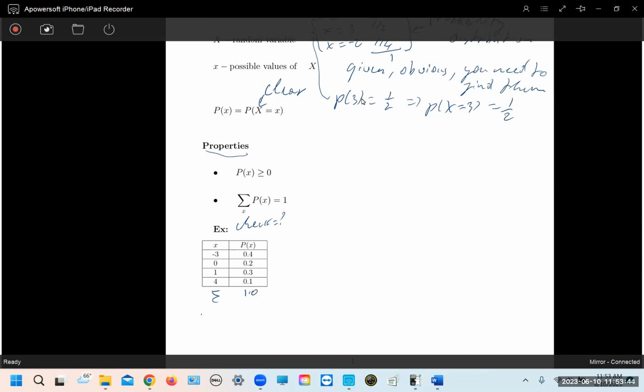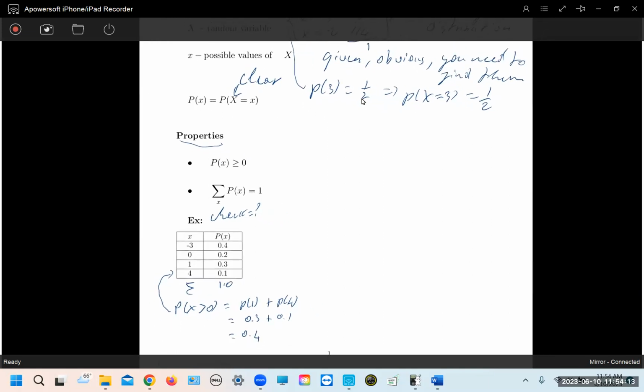So in here, P of x greater than 0, we have P of 1 plus P of 4. And P of 1 is 0.3 plus 0.1, so this one is 0.4.